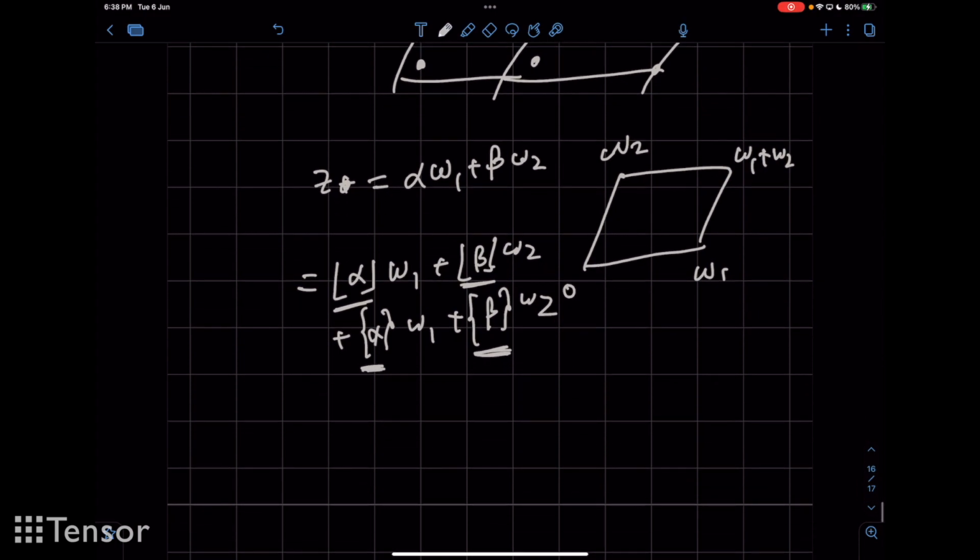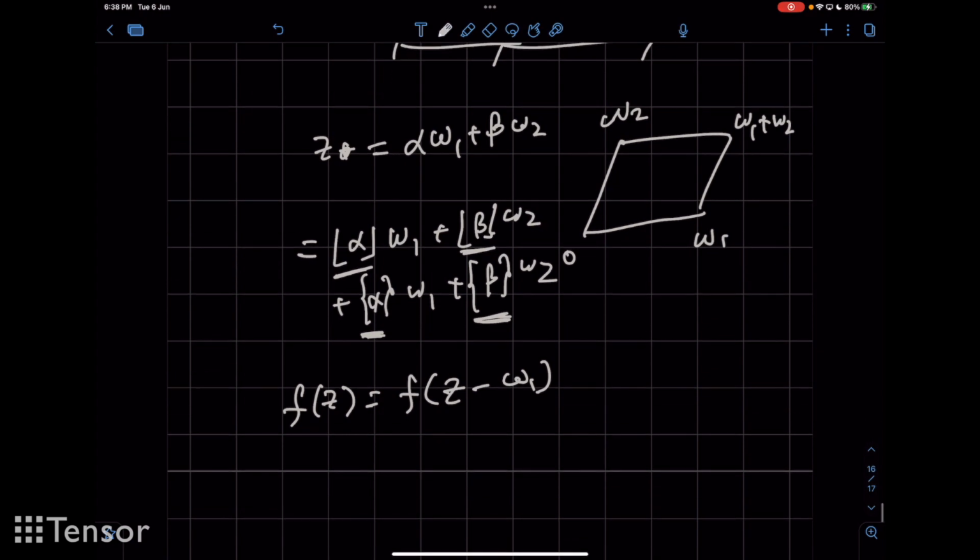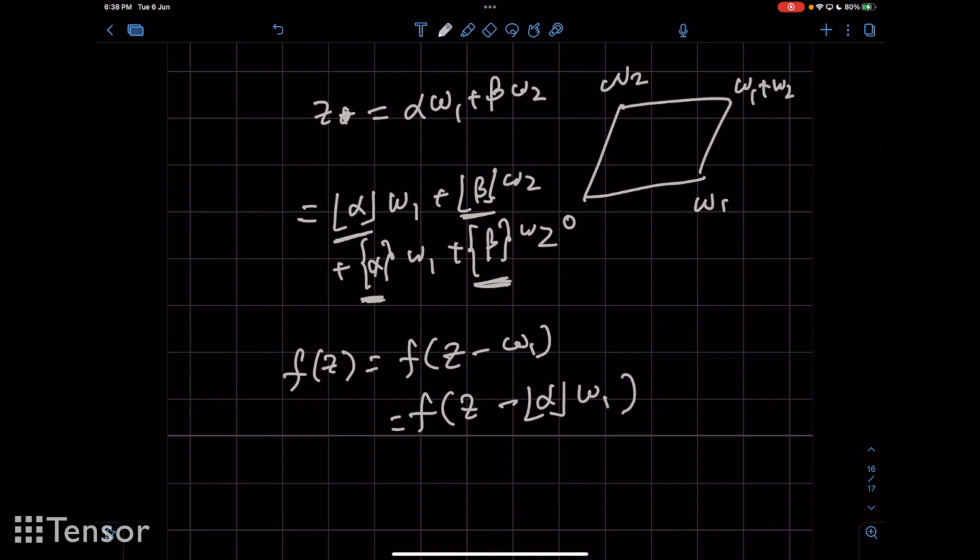So f of z is equal to f of z minus omega 1, and we can subtract the floor of alpha many copies of omega 1, and similarly the floor of beta times omega 2.